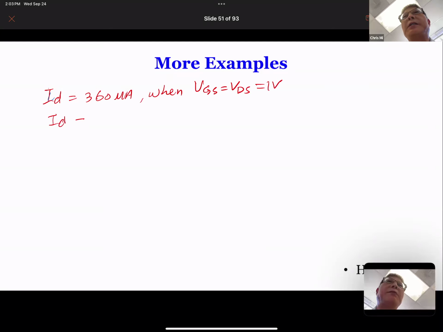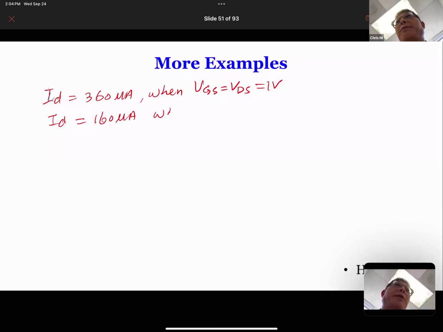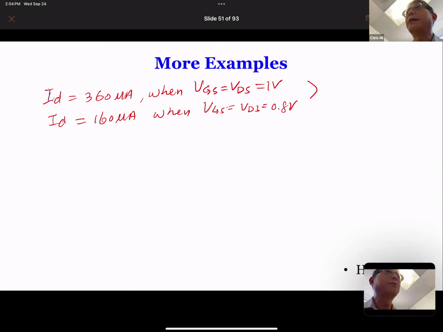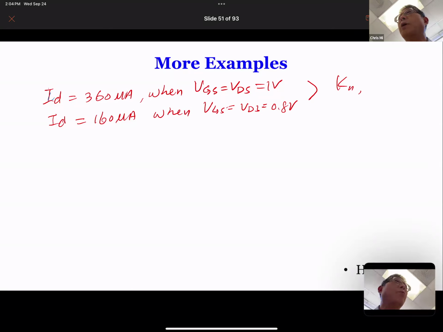And also ID changes to 160 microamps when VGS and VDS are 0.8 volts. Now, most importantly, we need to understand what they want you to find out: what is K and what is VT, or VTN.